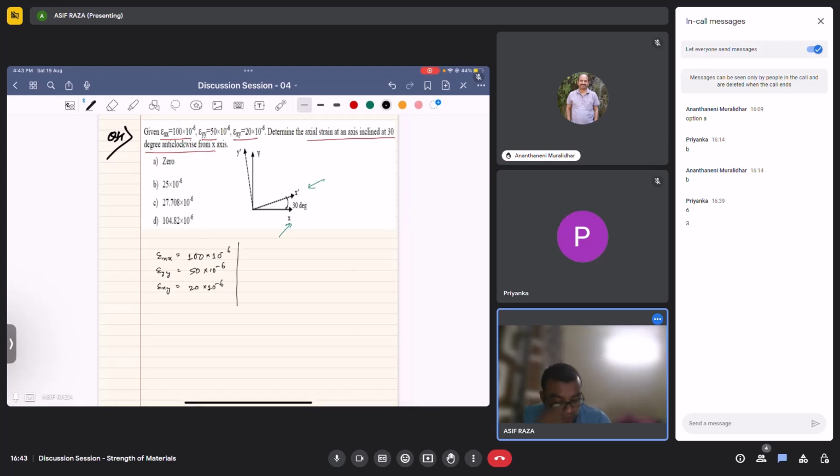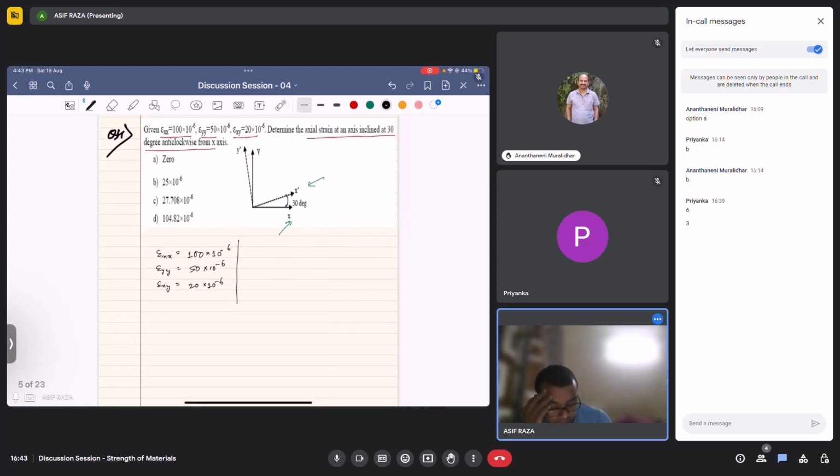Okay. Now we want to find the strain at x dash. If you remember the formula for resolving strains at a particular inclined plane, epsilon x dash is equal to (epsilon xx plus epsilon yy) by 2 plus (epsilon xx minus epsilon yy) by 2 cos 2 theta plus epsilon xy sin 2 theta.